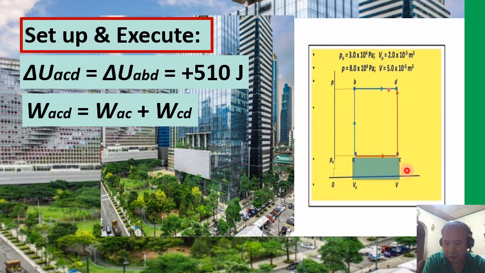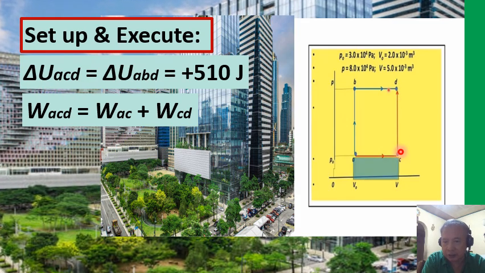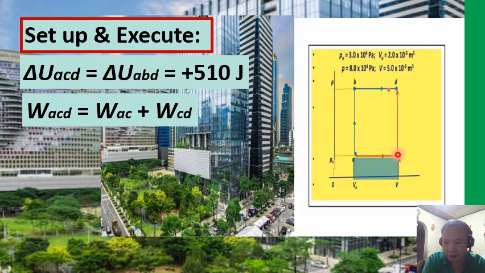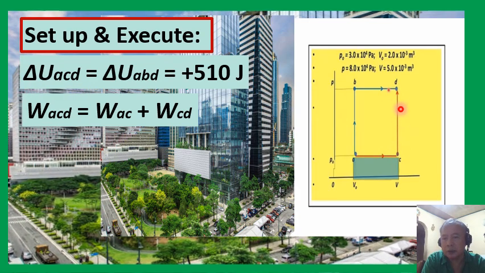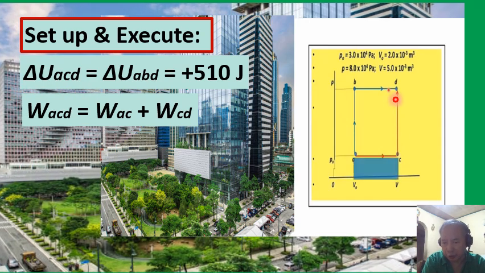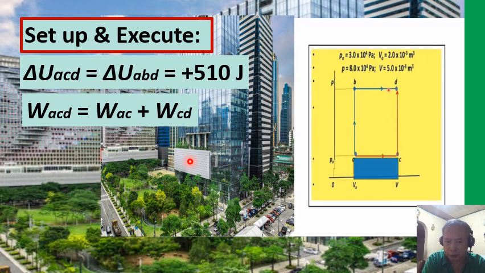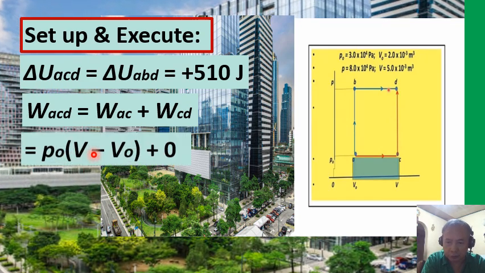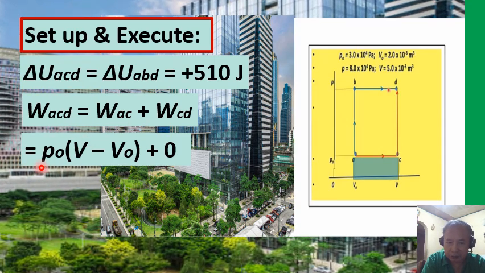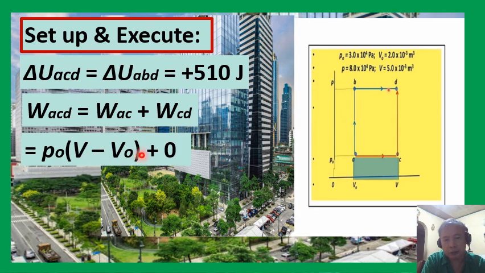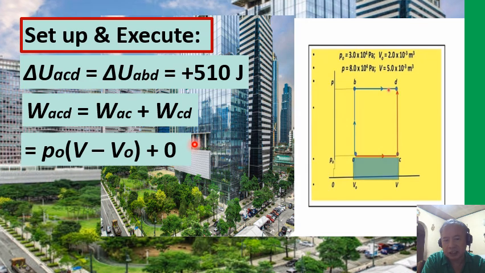While from state C to the final state D, we have an isochoric process, where there is no change in the volume, even if there is a change in the pressure. Hence, the work done along the path CD is also equal to 0. So substituting, the work done along the path AC equals P naught multiplied by the change in the volume, capital V minus V naught. The work done along the path CD is equal to 0.